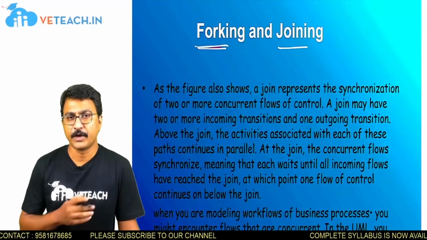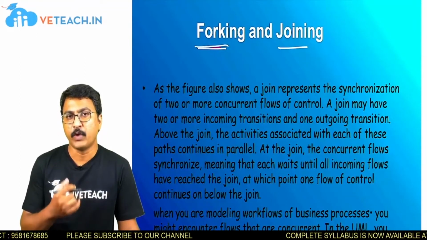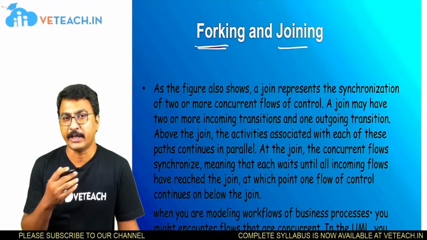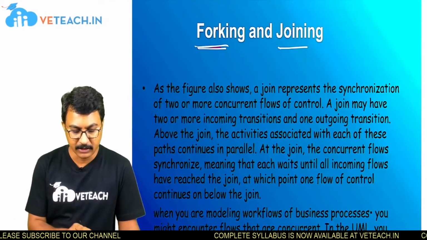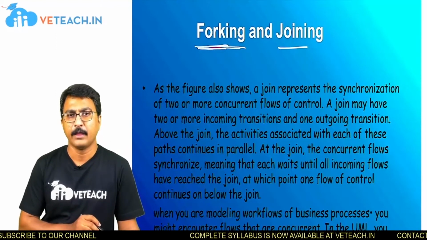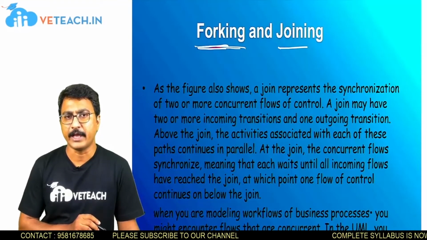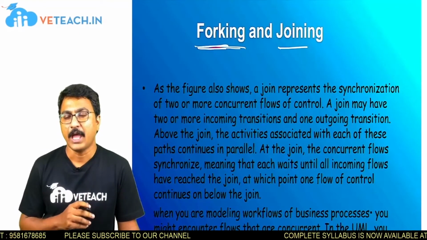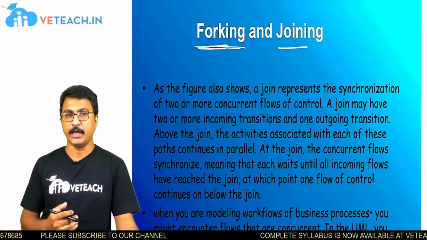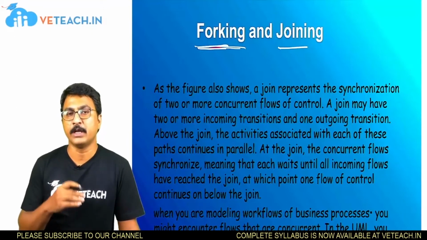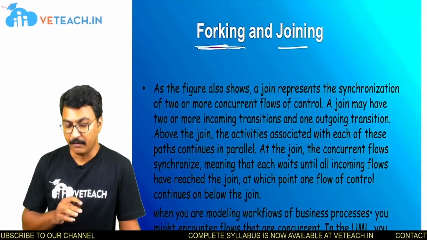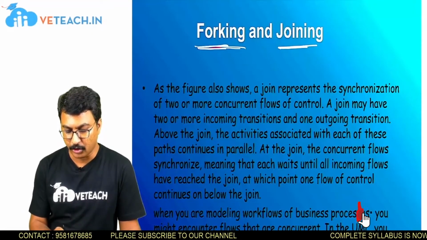So the output of one activity or action state can be given to multiple action or activity states, and that is called forking. And what is joining? In an activity diagram, the flow of controls that are split have to be combined together again to generate one flow of control and give it to an action or an activity state, which is done with the help of a join.